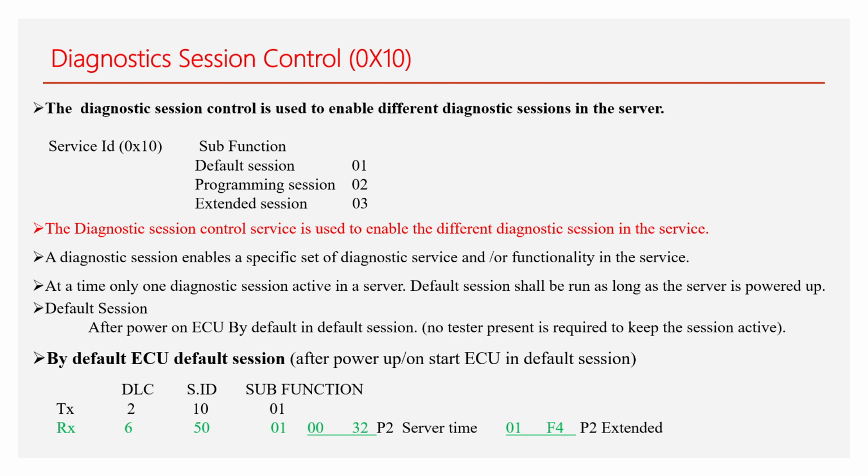Your ECU will be in the starting condition. For example, you started your car, but you didn't apply the gear. Will the car move? No. Same way, when we power on the ECU, we can't dump the code directly. We have to go from default to programming session, and we can dump the program there.